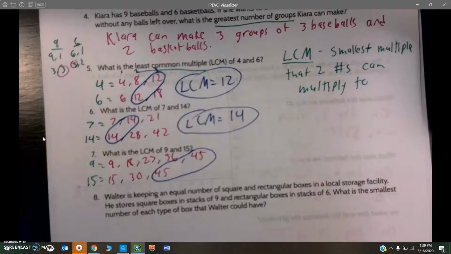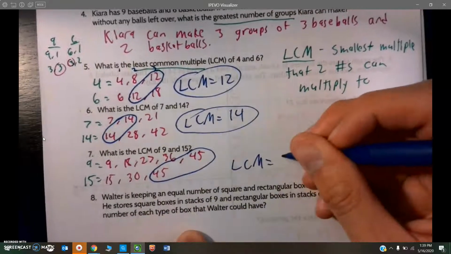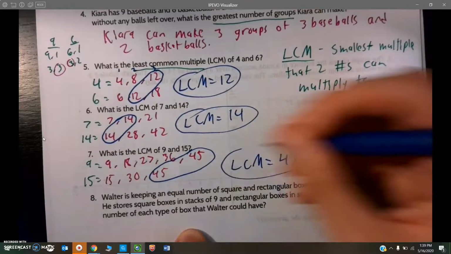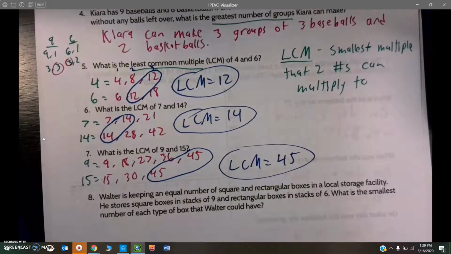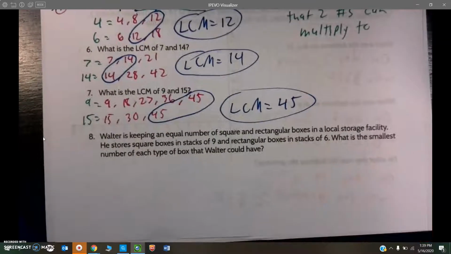So, the first multiple that they both have is 45. I can multiply 9 times something to get 45, and I can multiply 15 times something to get 45. So that is the least common multiple, the first multiple where they meet.